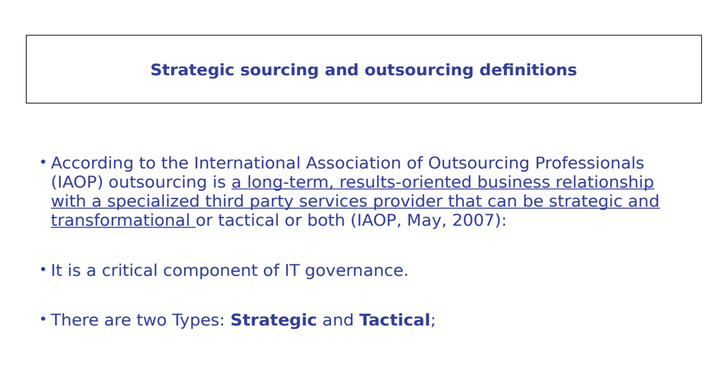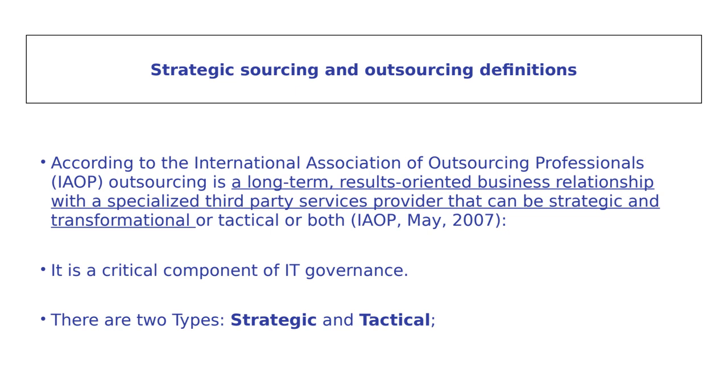Here we start talking about eSCM. What is eSCM? eSCM is a framework to help improve the quality of your outsourcing practices. What is the definition of outsourcing according to IAOP?